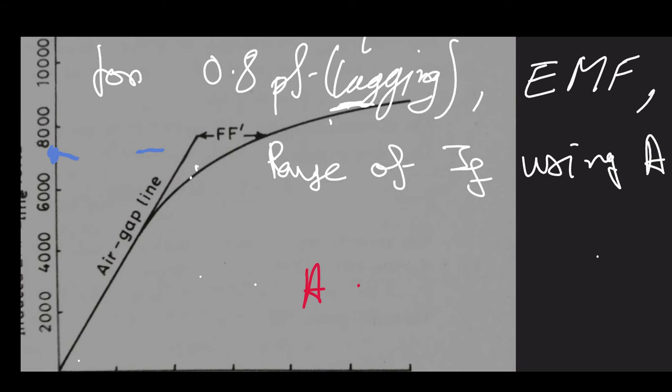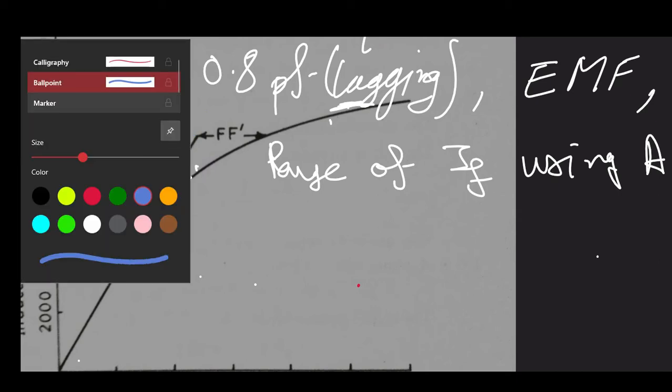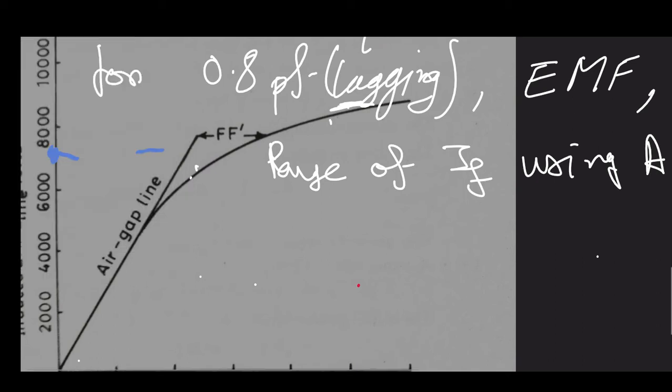Basically this much we need to figure out: this is A, this is B.